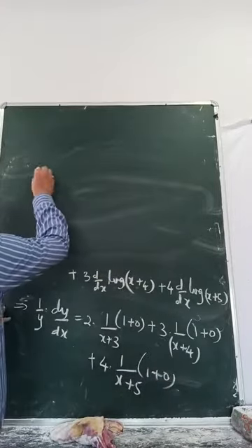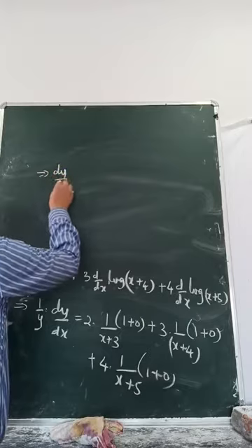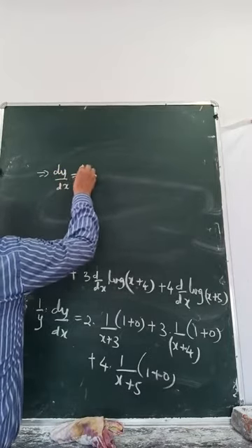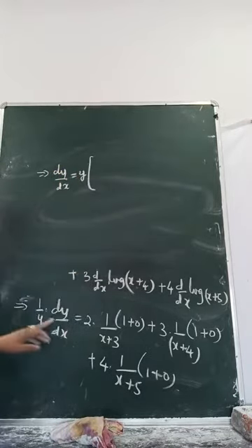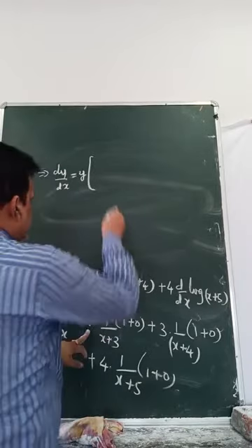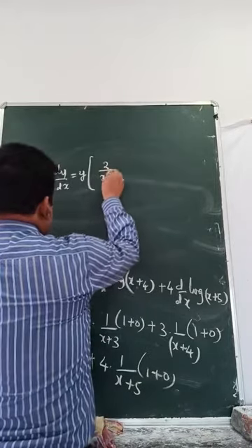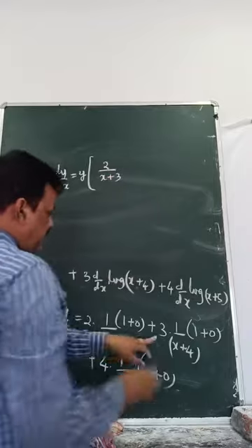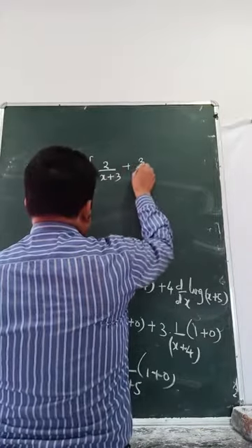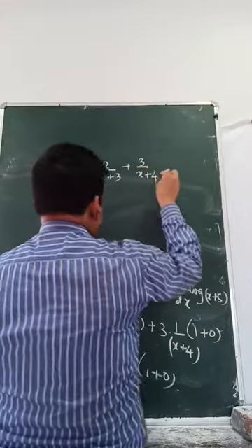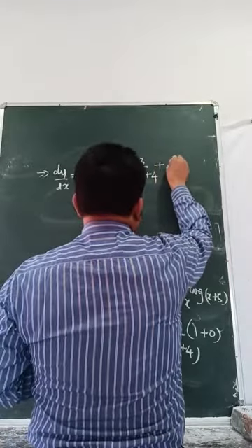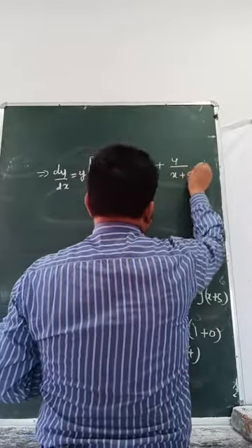So this implies dy by dx is y times, look at this part, 2 by x plus 3, plus 3 by x plus 4, plus 4 by x plus 5.